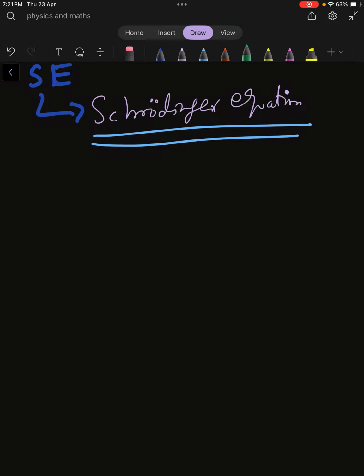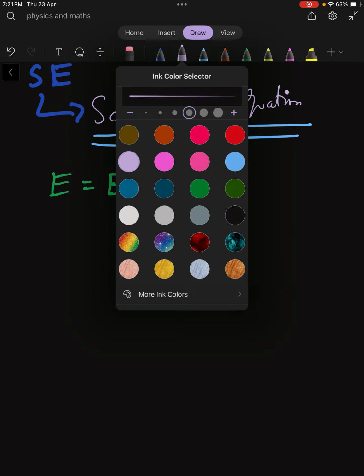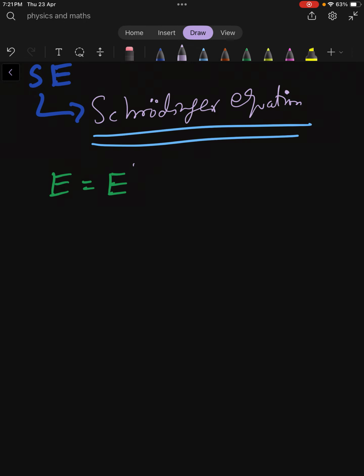And if I write what the Schrödinger equation actually is, it's H hat, and both sides are multiplied with psi.